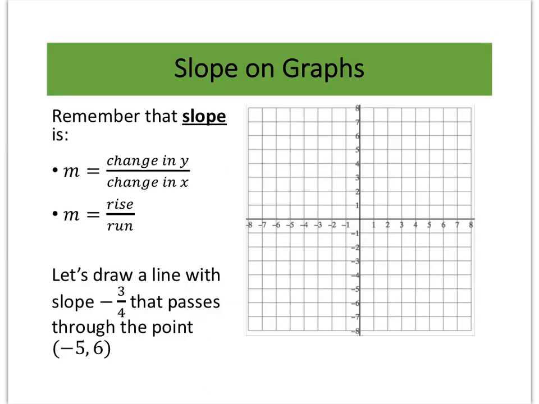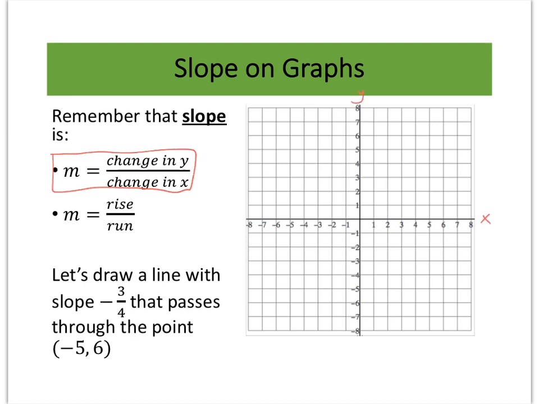All right, last but not least is to understand how slope relates to graphs. And so slope, remember, is the change in y over the change in x. It's also known as the rise over run, but I really like this understanding because it requires us to be really thoughtful every time we make the graph.